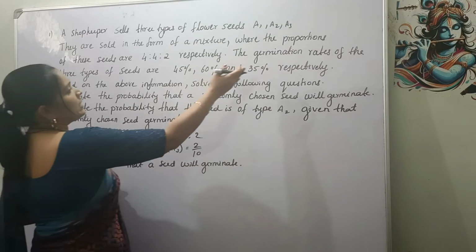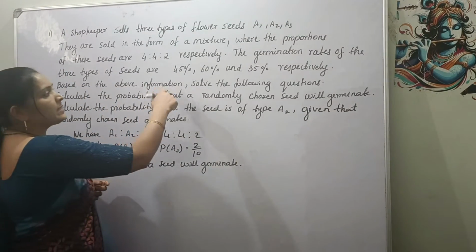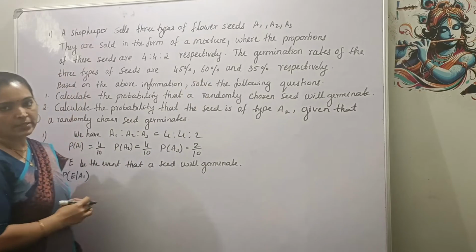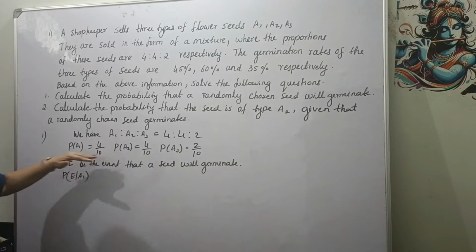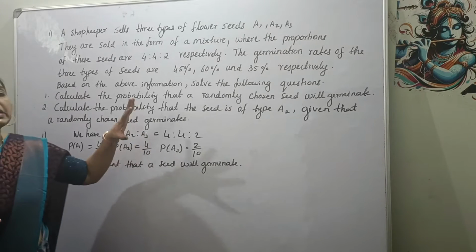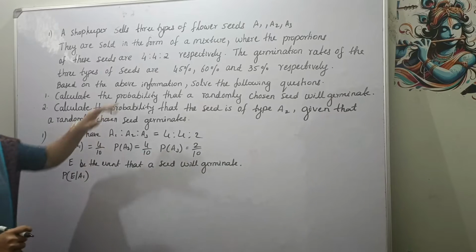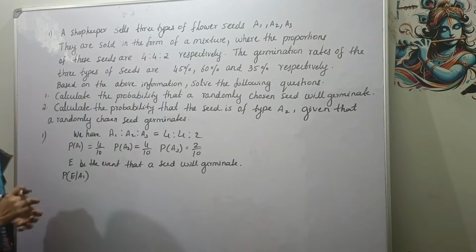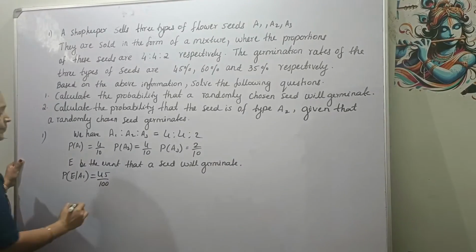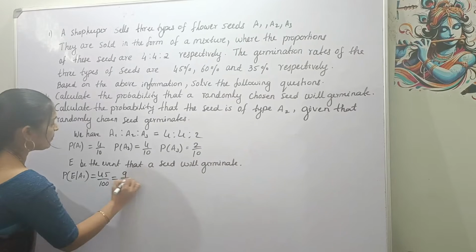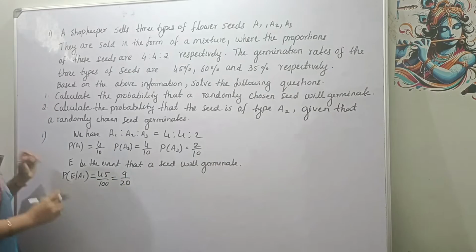So here it is given the germination rates of the three types of seeds are 45%, 60% and 35% respectively. Okay, so here probability of E, that is probability of a seed will germinate, and it is given that the seed is A1. So it is 45%, right? That is 45 divided by 100, right? That is equal to 9 by 20.